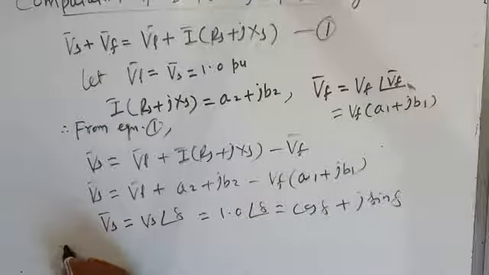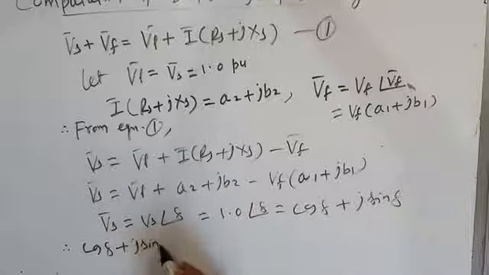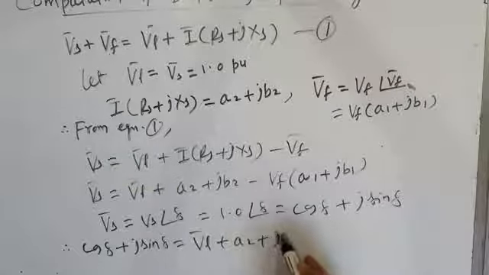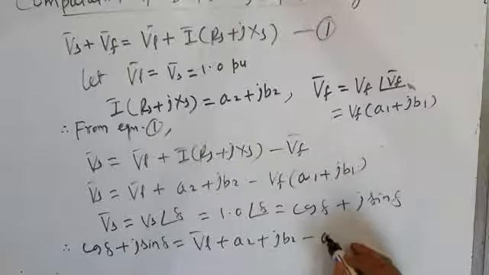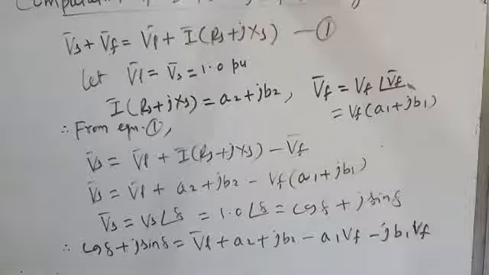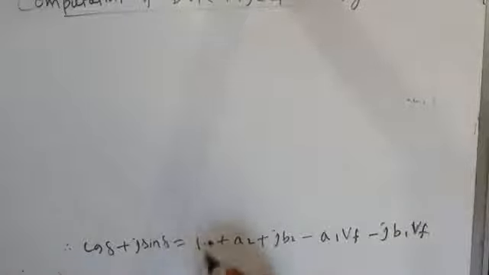Substituting in this equation, Vs is now cos delta plus J sin delta, equal to VL plus A2 plus JB2 minus A1 Vf minus JB1 Vf. I am expanding it. So further simplification will give me, VL is 1, because we have assumed VL equal to the same as source voltage, 1 per unit.